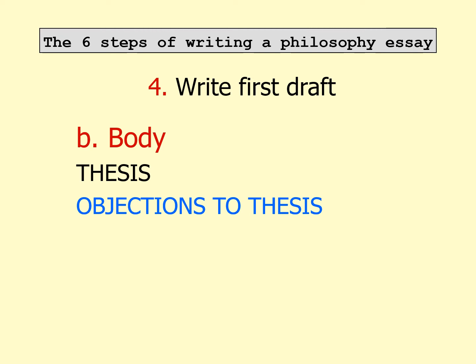After the thesis comes the objections, which involves trying to build a case against the thesis. It does not matter whether you agree or disagree with the thesis. Follow the original thesis with an objection or objections to it. The objection should be based on the argument evaluation methods we went over in step 2. That would be 2 videos earlier. And so I'm going to give you an extra recap here.